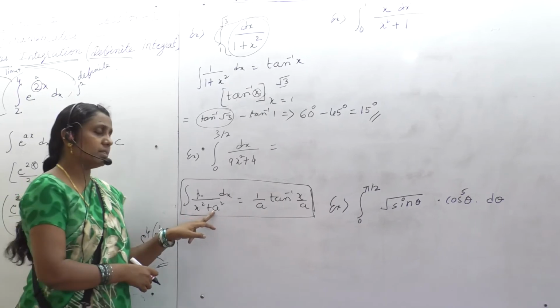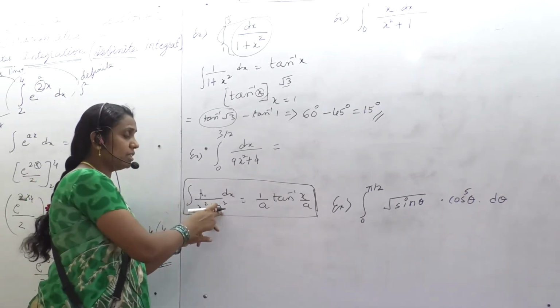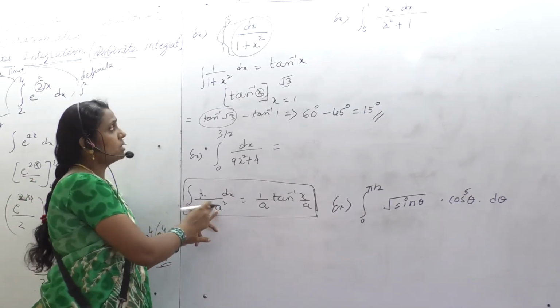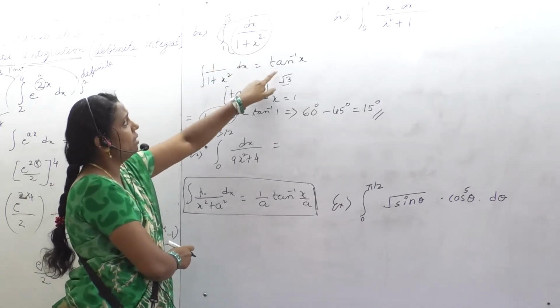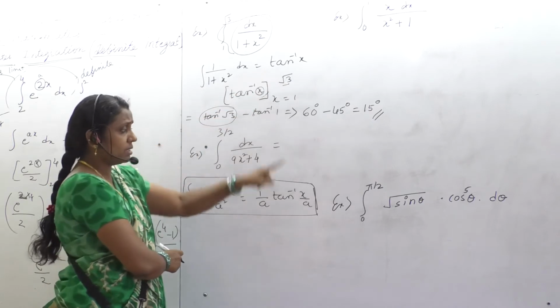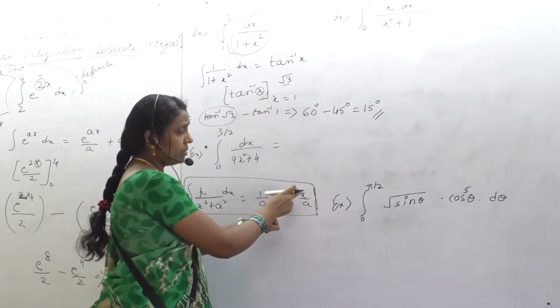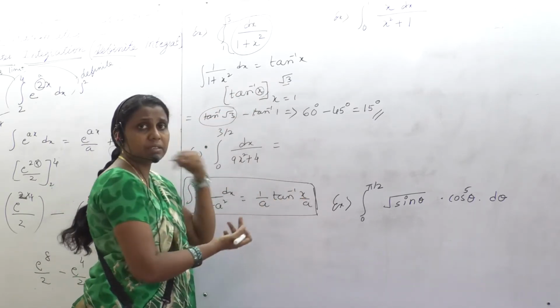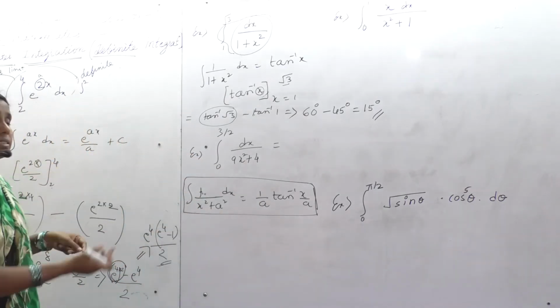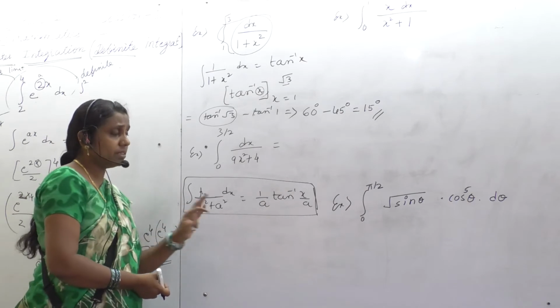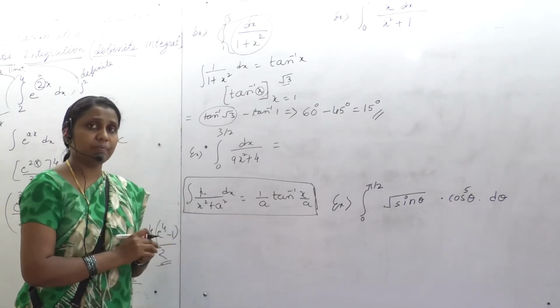Even if it is x square plus 1 square, 1 square is 1, so the formula gives tan inverse x, 1 by 1 tan inverse x. Suppose in place of a something else other than 1 it is there, then this formula is very useful.